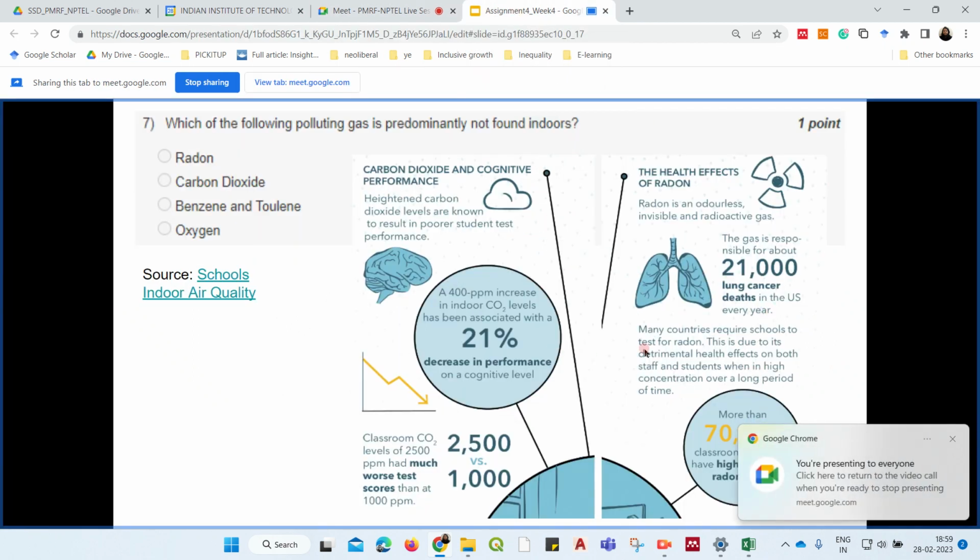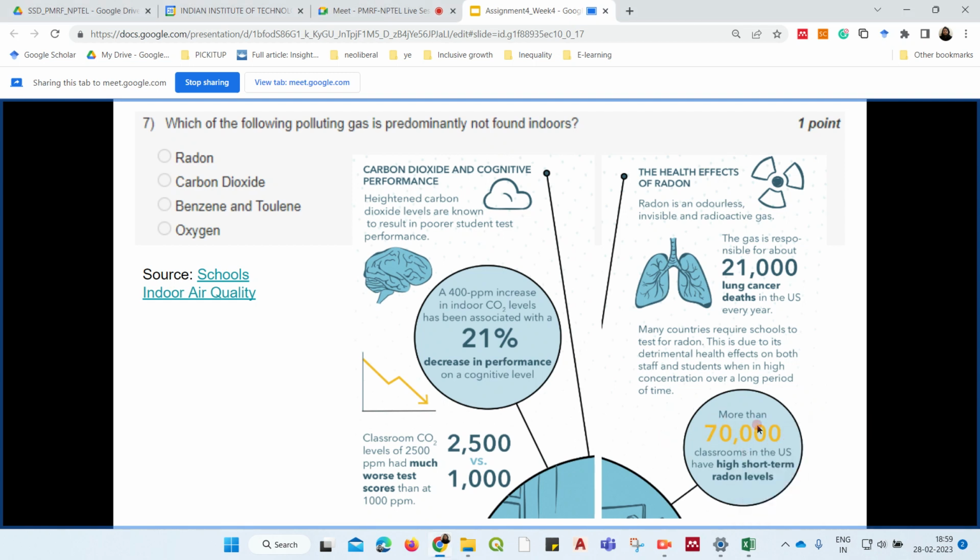Okay. So you can see that more than 70,000 classrooms in the US have had short-term radon levels. So this again shows that not only that radon is a pollutant gas which affects human health negatively, it is also present in indoor environments a lot.